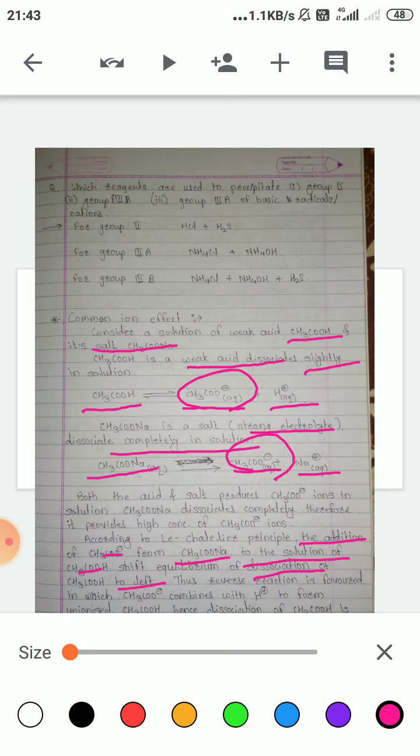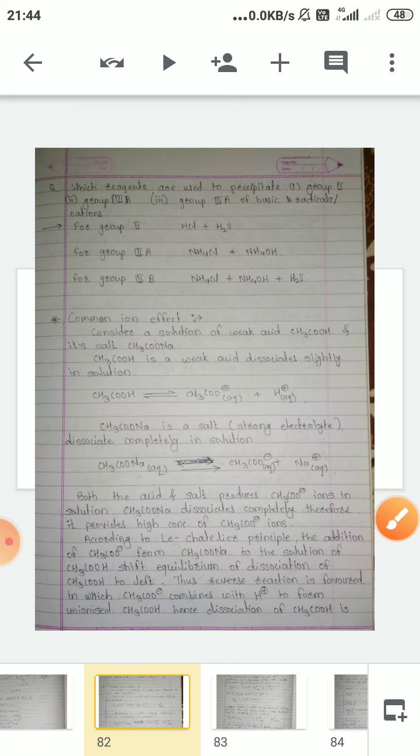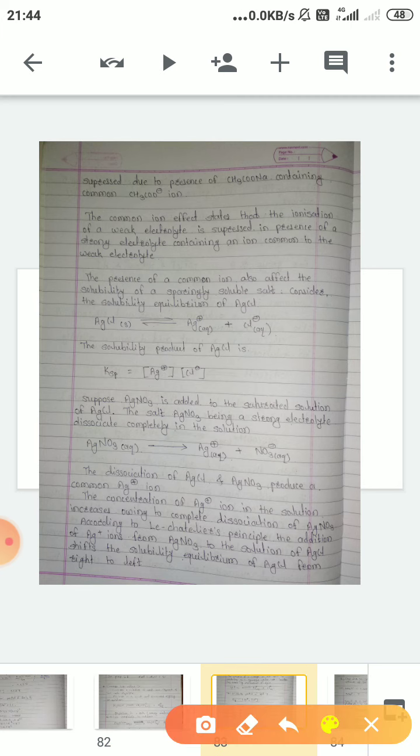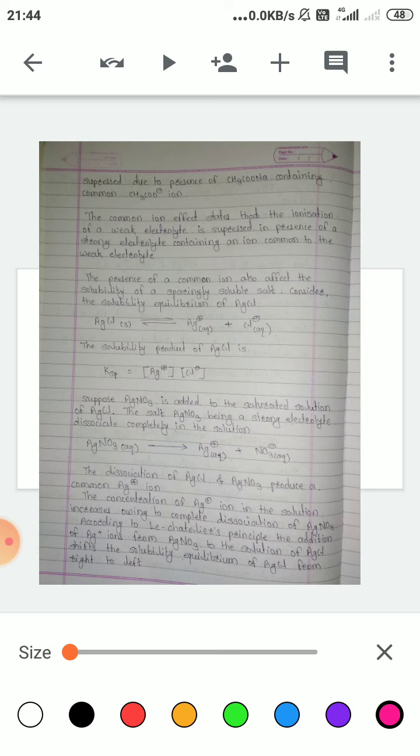That is, the dissociation of acetic acid is decreased, and these acetate ions combine with H plus ions to form acetic acid again. Therefore the dissociation of acetic acid is suppressed in the solution.